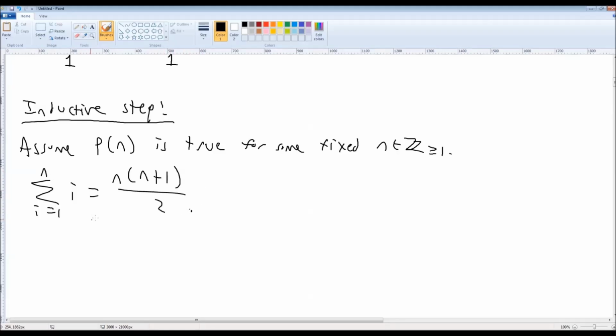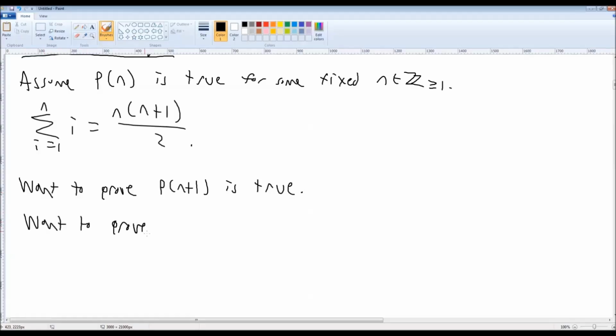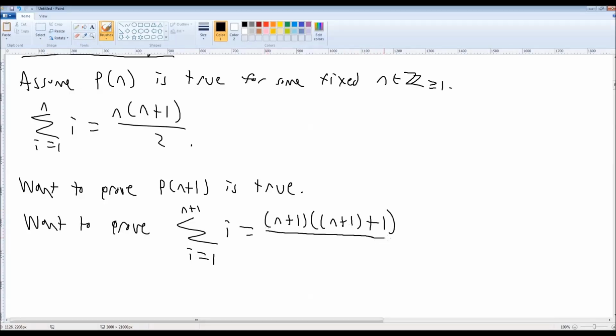Okay, so we're assuming this is true, and we want to prove that P of n plus 1 is true. In other words, we want to prove that the sum from 1 to n plus 1 of i is equal to n plus 1 times n plus 1 plus 1 all over 2.